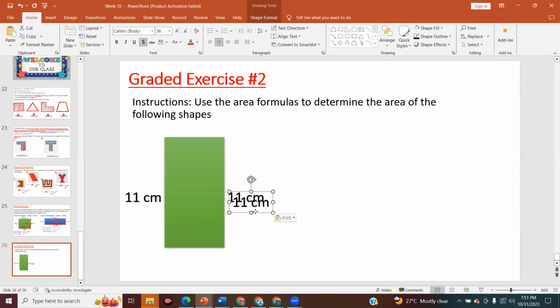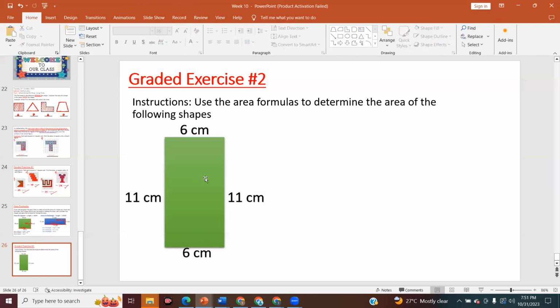Say that for this one, we have 6 centimeters, which means that this side will also be 6. So for that one, I want you to tell me what is the area of the shape.